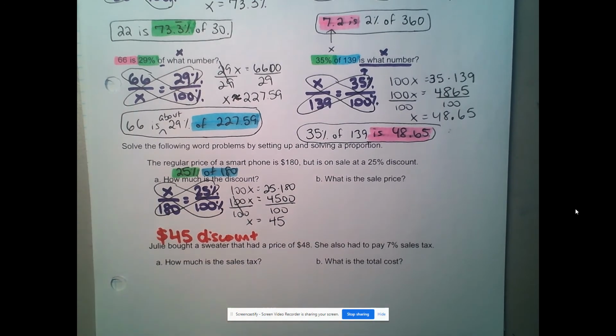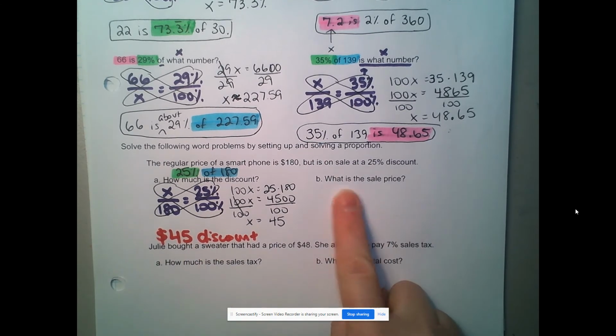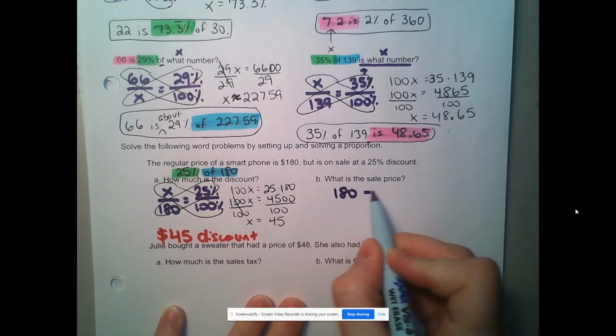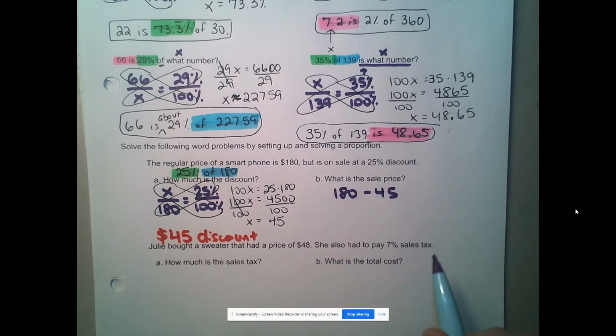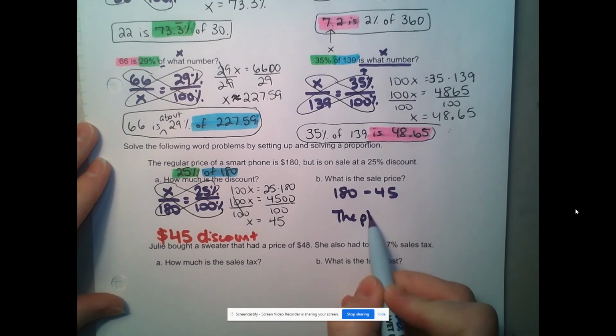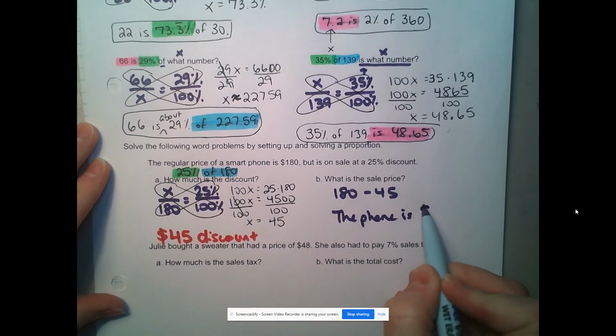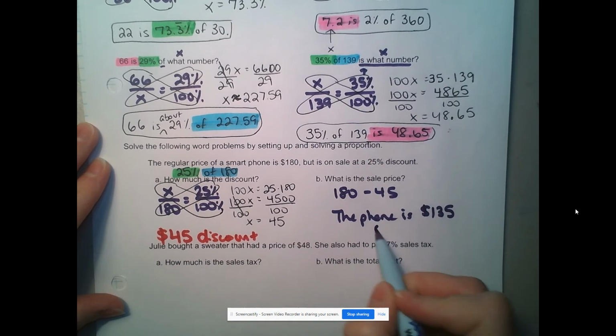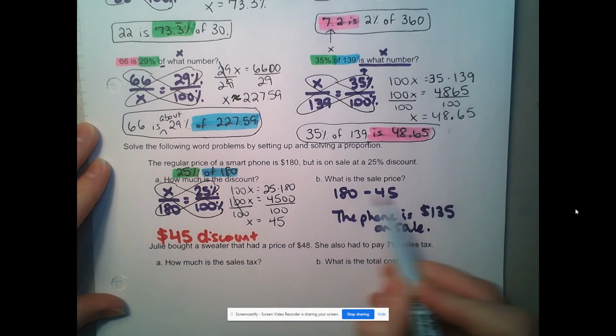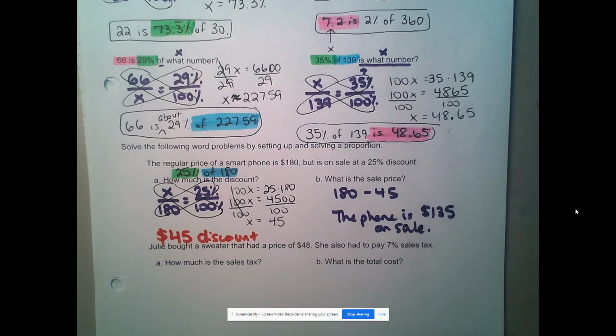So the sign might say 25% off, but that's worth $45. 25% of 180 is a $45 discount. The wrap-up question, so what's the sale price? You're going to take that original price of 180 and take off the $45. The phone is $135 on sale because we just take away the $45 sale.